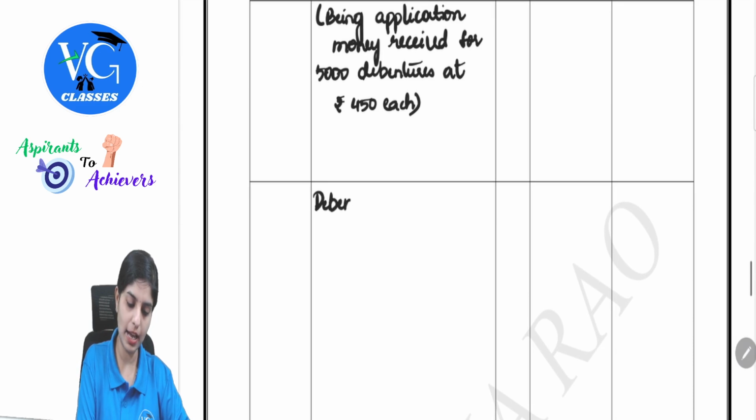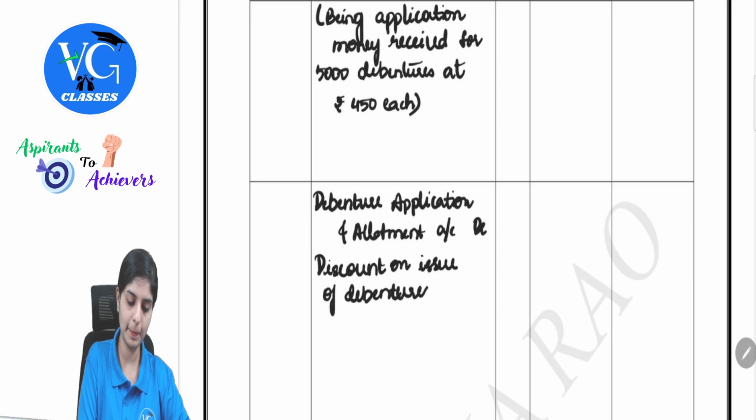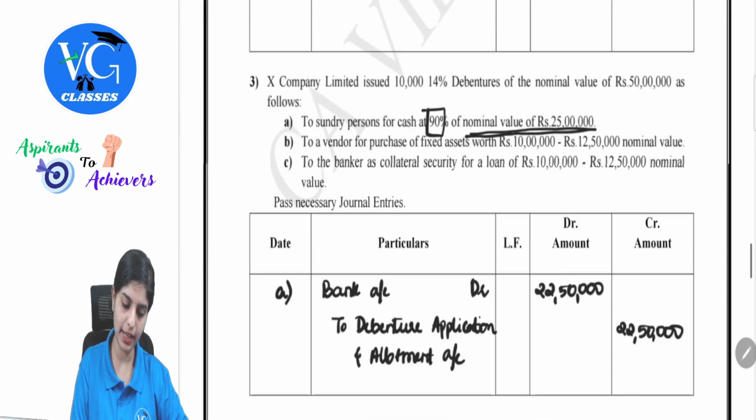So debenture application and allotment account debit, discount on issue of debentures account debit, to what percentage of debentures?